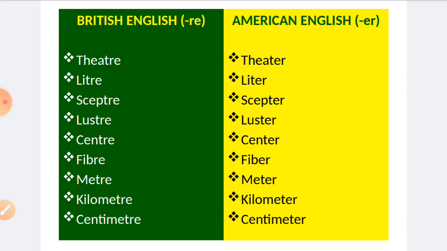Similarly, the same pattern is seen in other words like liter, then we have scepter, center, fiber, meter, and so on. So the RE is replaced with ER in American English. That's the next difference between the two.